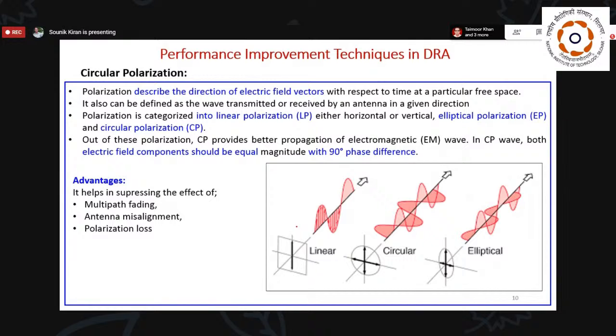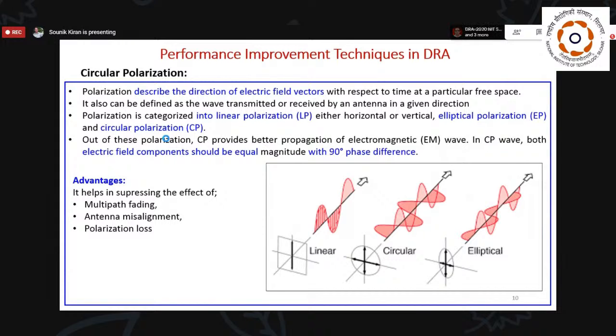Nowadays, circularly polarized antennas are considered among the best performing antennas, because they can receive the signal at any position, direction, and alignment. That is why circular polarization is very important for an antenna.